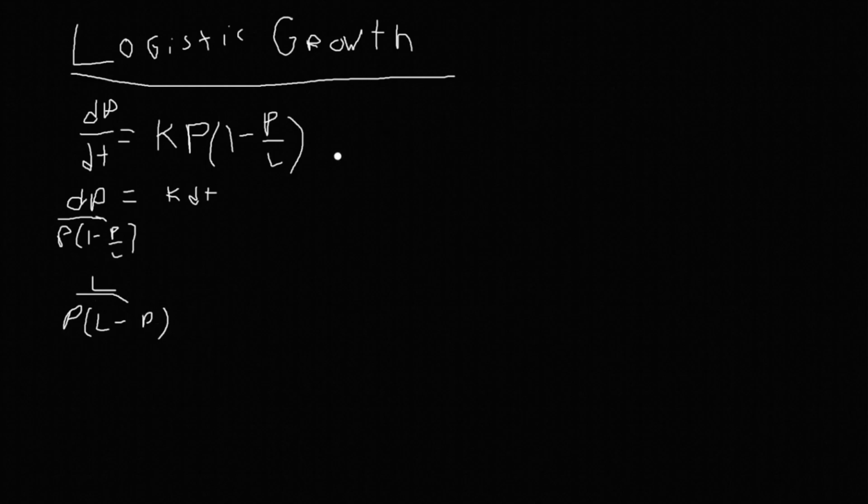So this is another form this could take place in, it's in the terms of kp times L minus p. But anyway, we're going to have this be in the form of A over p plus B over L minus p.